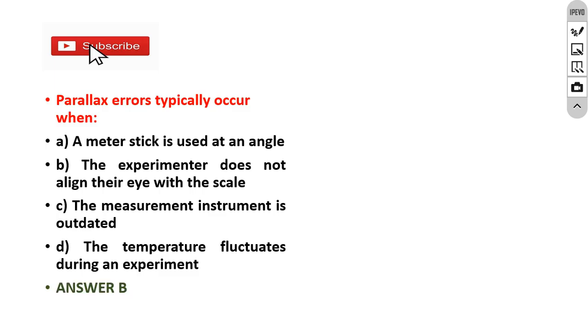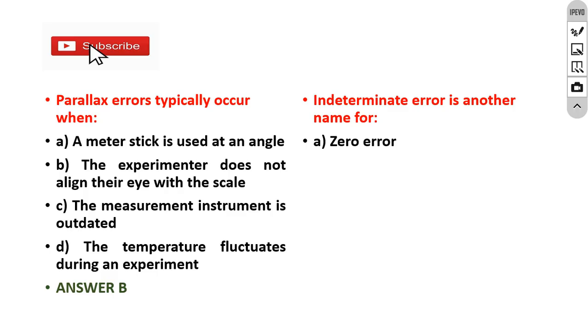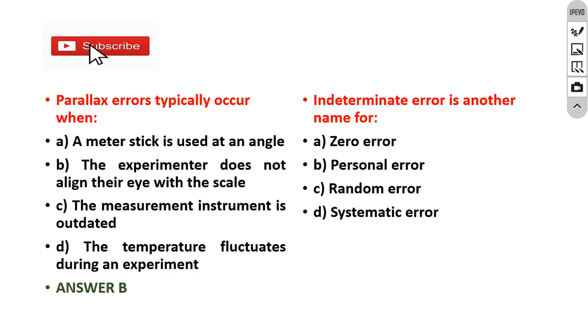The correct option is B. Parallax error typically occurs when the experimenter does not align their eye with the scale. Indeterminate error is another name for: zero error, personal error, random error, systematic error. The correct option is option C, random error.